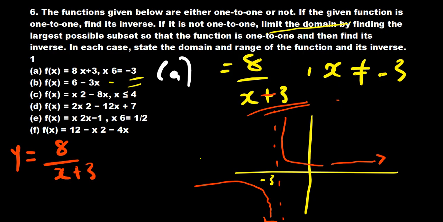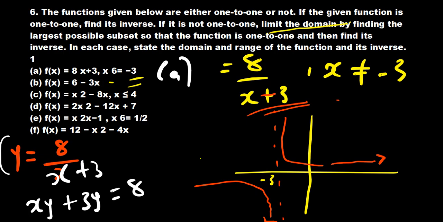When we multiply y by this expression, x plus 3, what are we going to have? You have xy, or yx, whatever resonates with you, plus 3y is equal to 8.